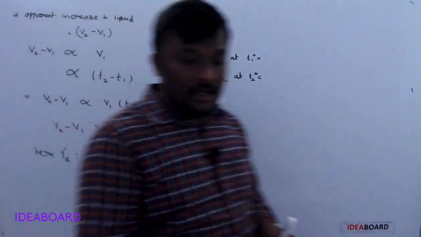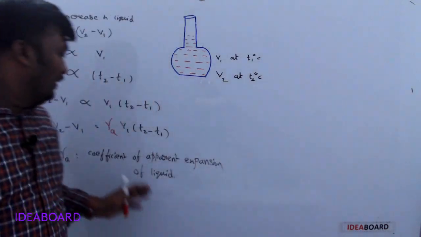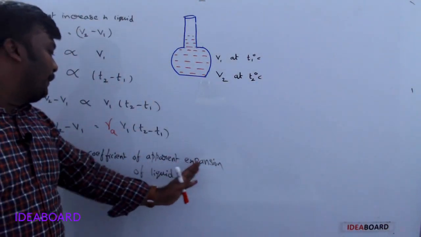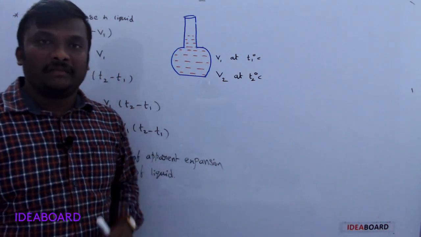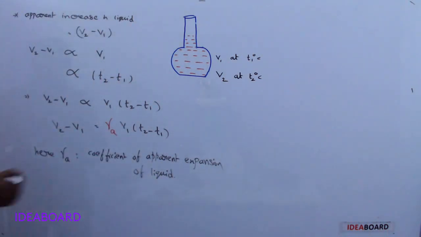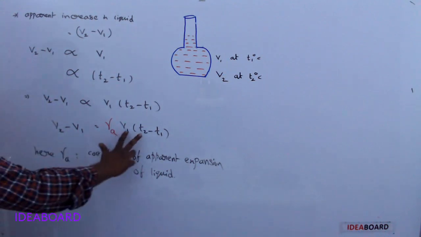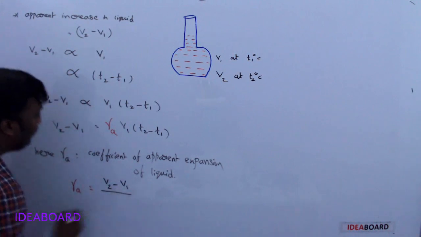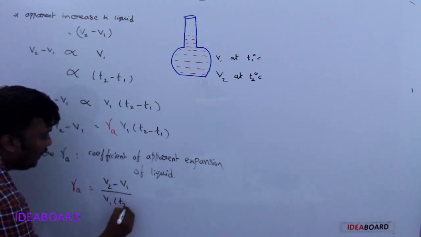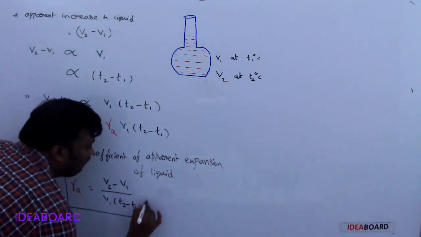What is gamma A? Gamma A is nothing but the coefficient of apparent expansion of the liquid. It is just a proportionality constant. Understand? So from this, can you write the formula for gamma A? Gamma A is equal to, taking these two to this side, V2 minus V1 by V1 into T2 minus T1.